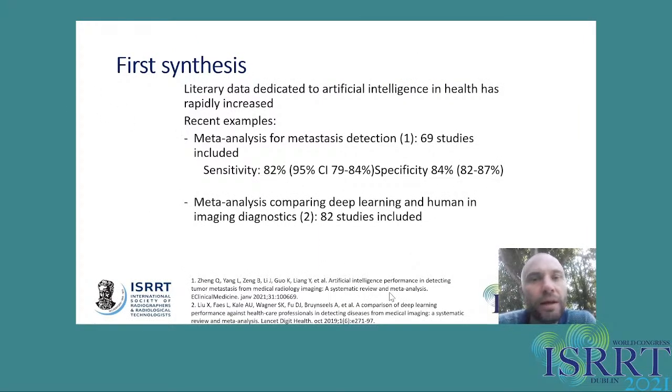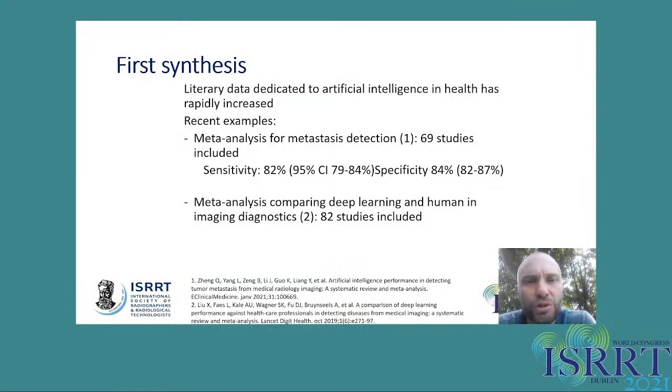Subsequently, with the accumulation of different articles, the first meta-analysis appeared. The one dedicated to the search for metastases only by machine shows relevant results with a sensitivity and specificity of more than 80%. The second meta-analysis focused on comparing the results of AI versus human caregivers.